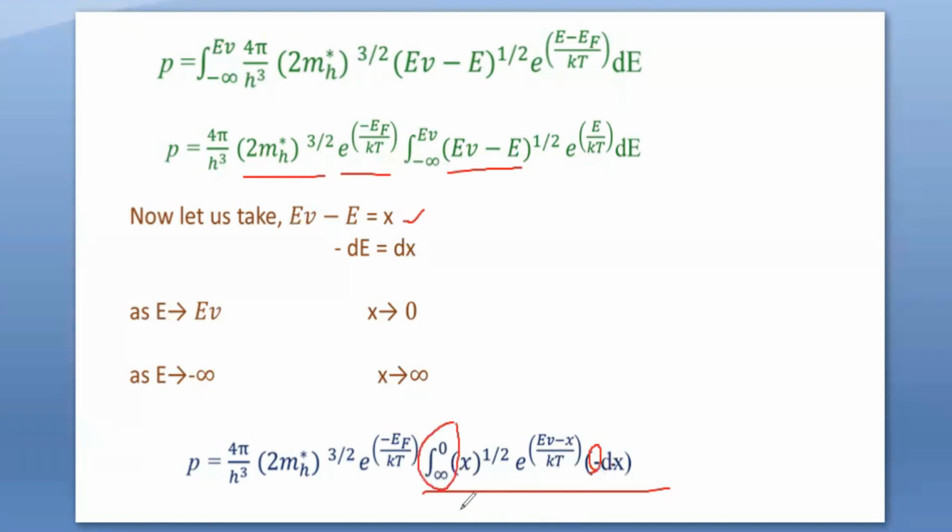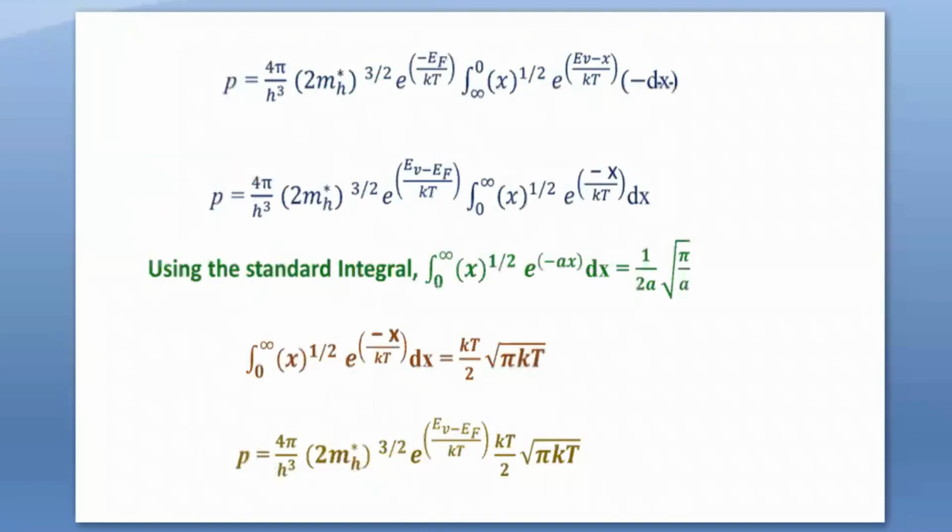Our equation becomes p equal to 4 pi by h cube, 2 mh star power 3 by 2, e to the power of (EV minus EF) by kT, integral 0 to infinity of x power 1 by 2 e to the power of minus x by kT dx. Again, we got the same integral that we got in our derivation in the case of electrons.